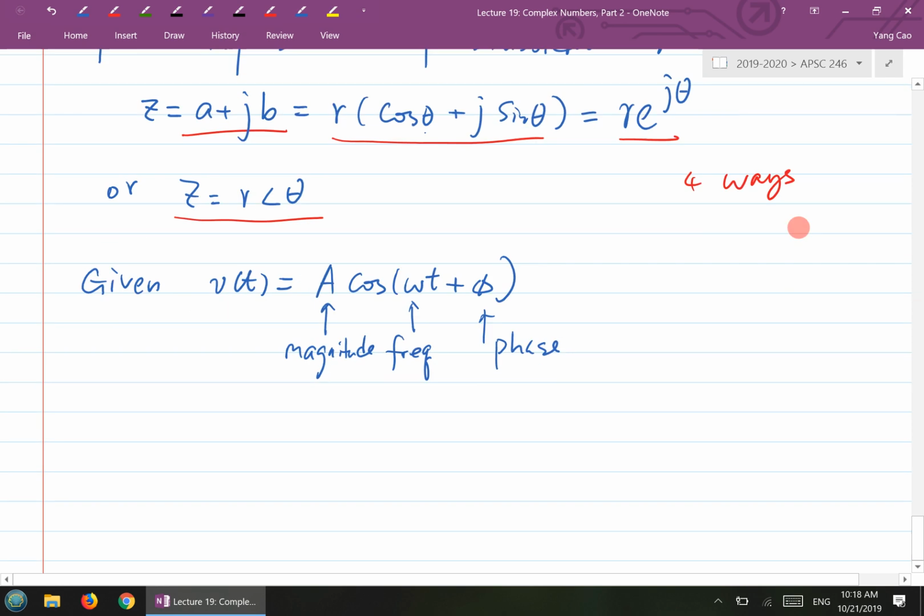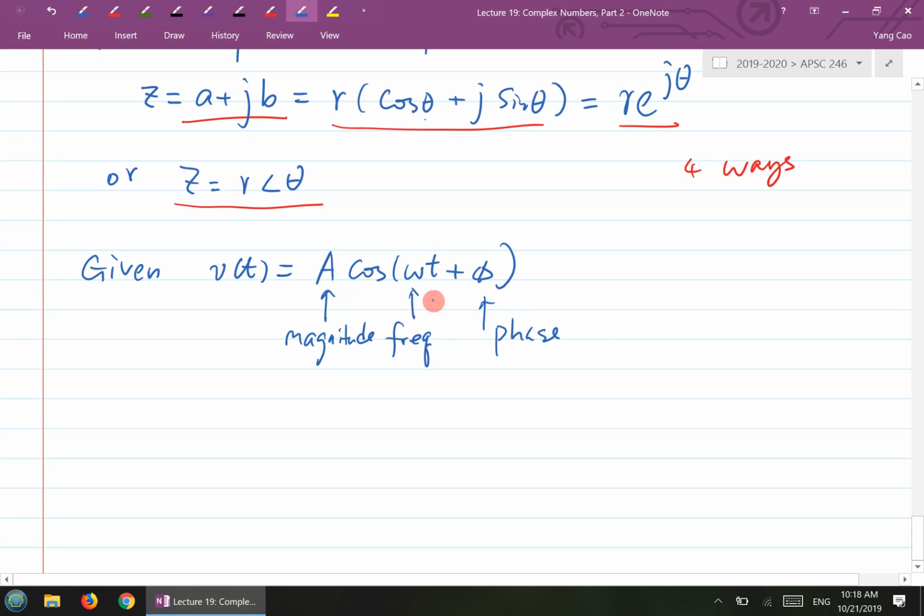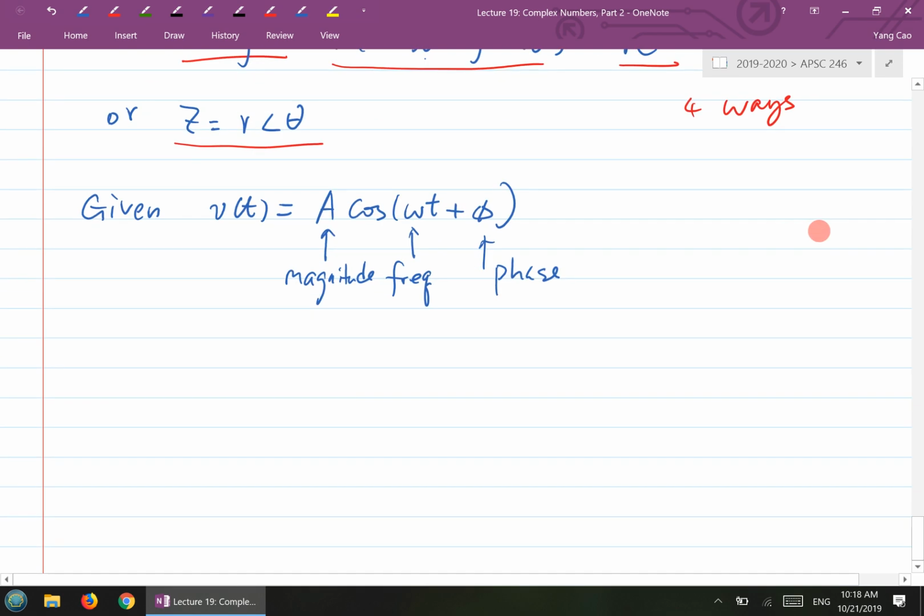Now you can manipulate the sinusoidal. Maybe you have this one plus another one, or multiple ones added together. But since we learned complex numbers and Euler's formula, we can rewrite this signal using Euler's formula. So this v of t, let me rewrite it.